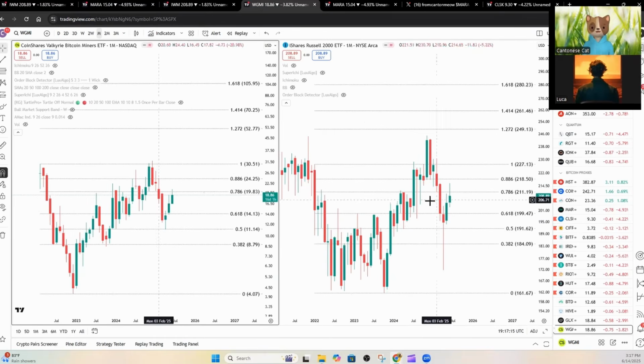I think it's basically a liquidity game, and I think the accumulation has been done, and this is a reaccumulation. We'll see what happens. That's why I always like to pay attention to what IWM does, because I really do think the miners follow IWM even closer than Bitcoin, because they're businesses.